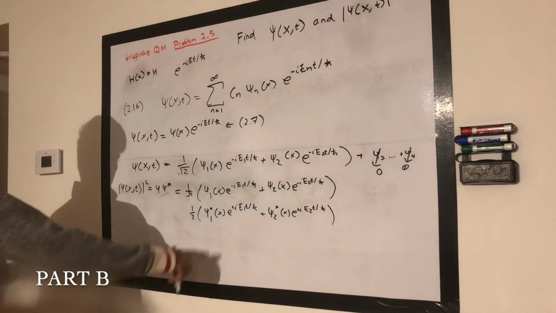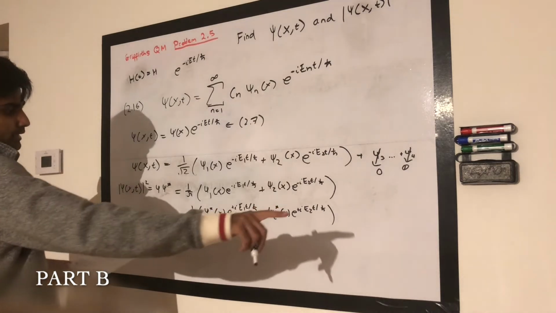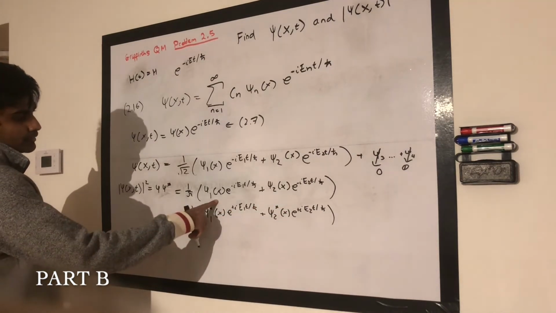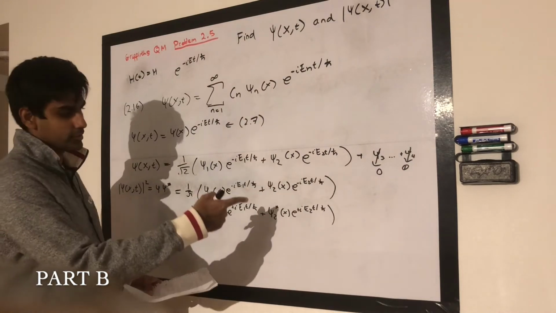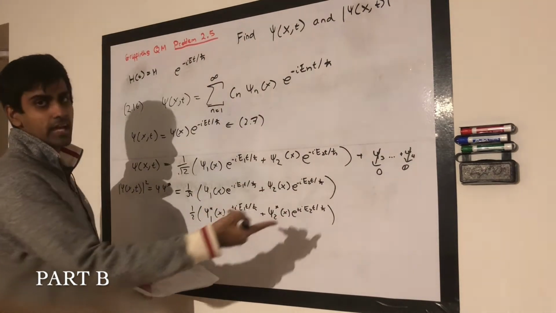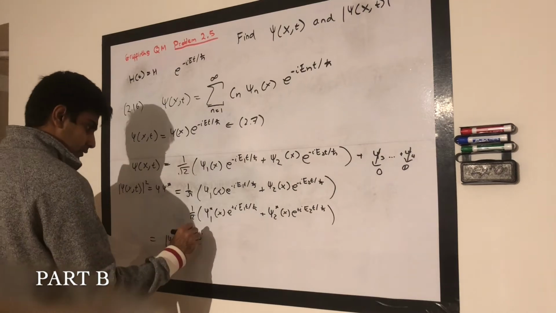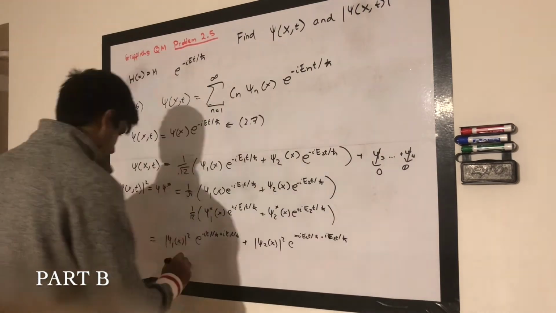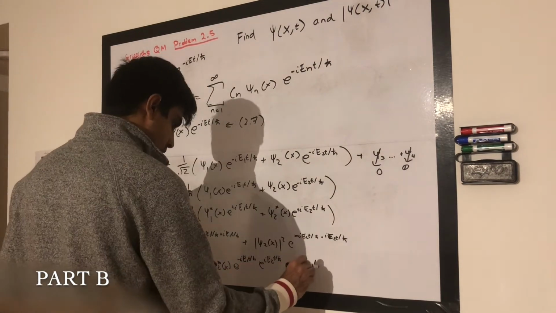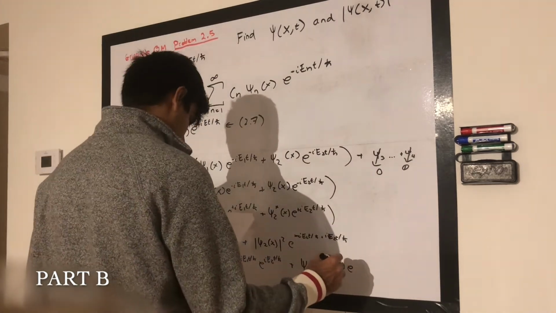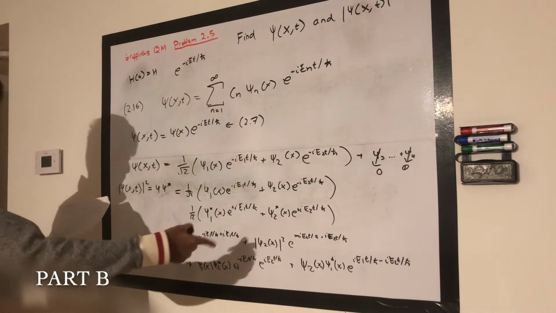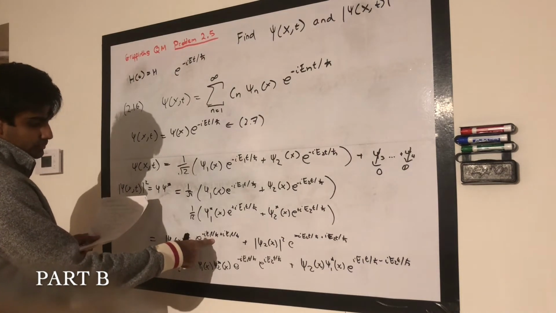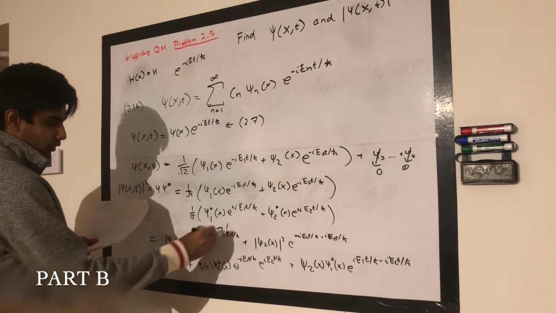Now notice that when we multiply this out, the terms with the same number are going to have canceling exponentials, and the terms with different numbers are going to have exponentials that don't cancel out. So when we have this term here, we're going to see that these two terms cancel out, so that just goes to 1.